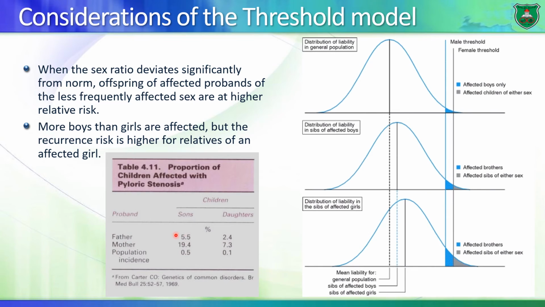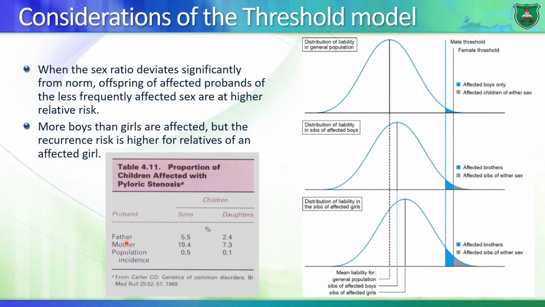If the mother is affected, remember, it's still a male dependent condition. So males are still more affected than females, but notice the proportion of males that are affected is much higher, as well as the proportion of females that are affected.